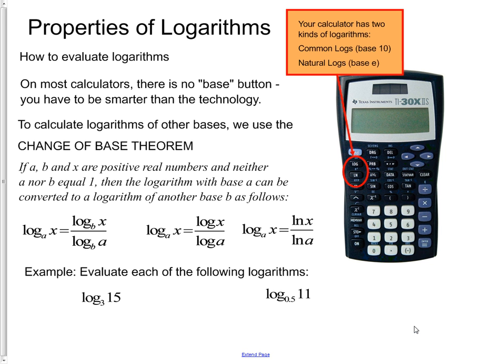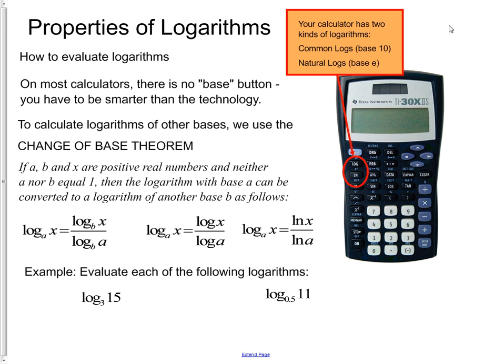Let's talk about how we're going to be able to evaluate logarithms. Now, for the most part, the logarithms that we've looked at so far have been relatively easy. If you think about our logarithm with a base 3, we could have easily evaluated anything that had a base 3 number in our logarithm.